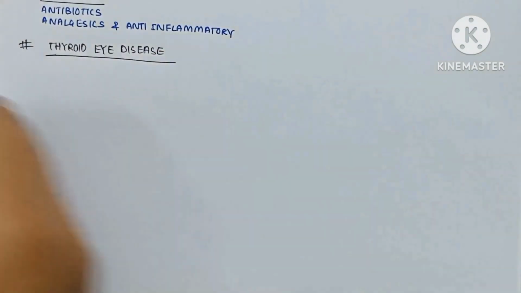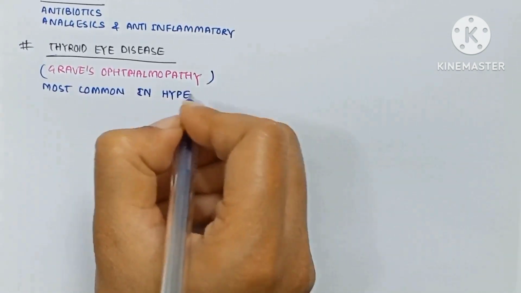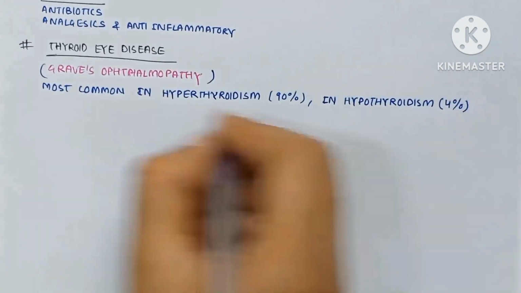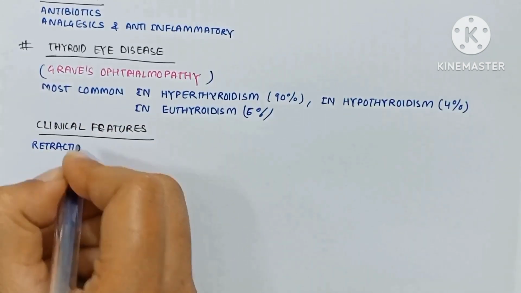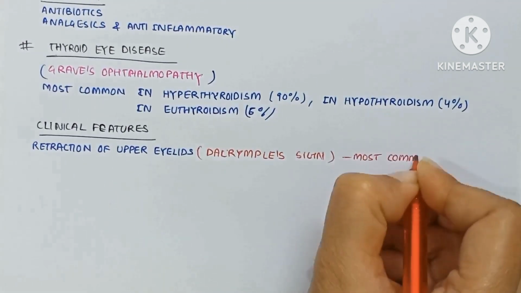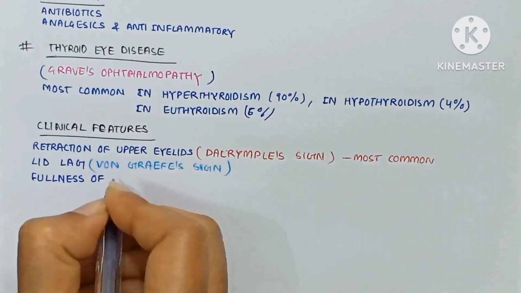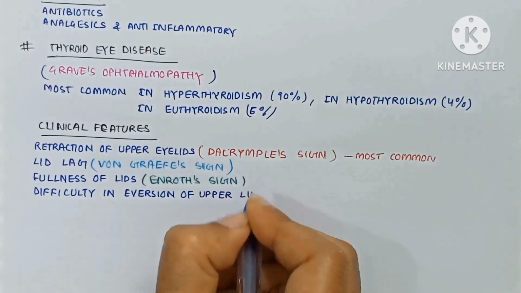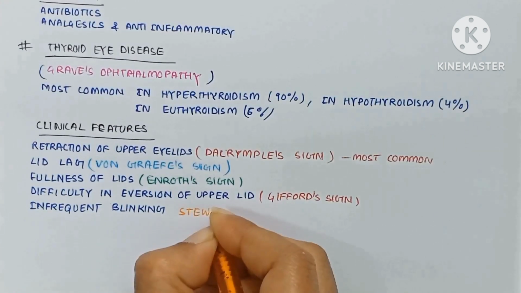Now the thyroid eye disease, also known as Graves' ophthalmopathy. It is most common in hyperthyroidism in 90% of people, hypothyroidism 4%, and euthyroidism 6%. The clinical features are retraction of the upper eyelid, Dalrymple's sign, which is the most common sign, the lid lag, von Graefe sign, fullness of the lid and Rosenbach sign, difficulty in eversion of the upper lid, Gifford sign, and infrequent blinking, Stellwag sign.